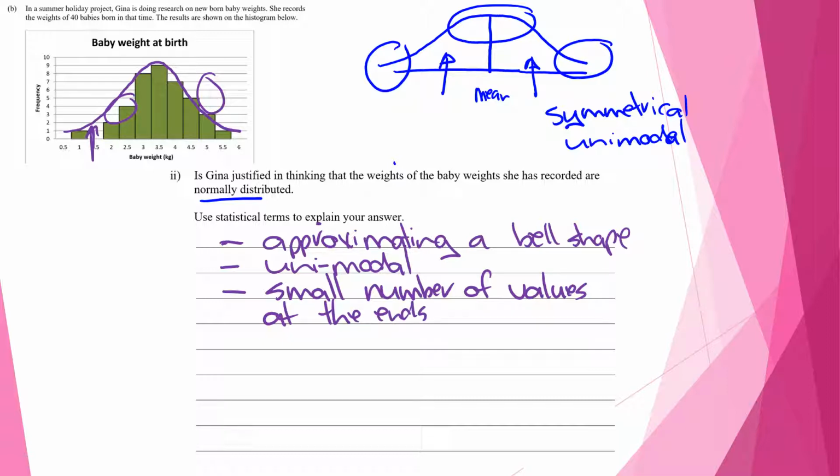So therefore we can say that it is symmetrical around the mean. So we can say that Gina is justified in thinking that the distribution is normal, so I'd make some sort of statement to that effect.